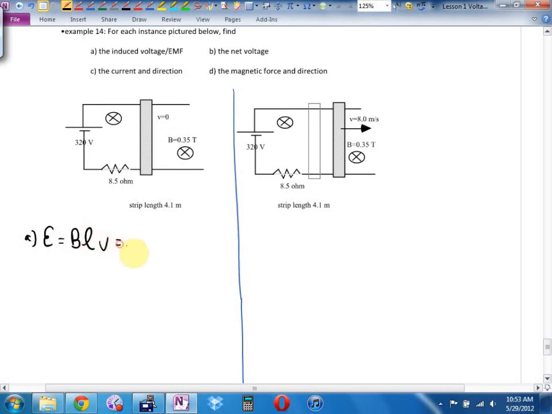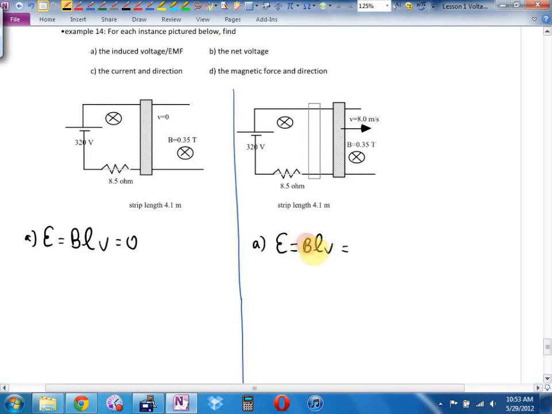Find the induced voltage for the first situation. In your head, please. Sorry? 0. Find the induced voltage for the second situation. By the way, why is the first one 0? Hasn't started moving yet.